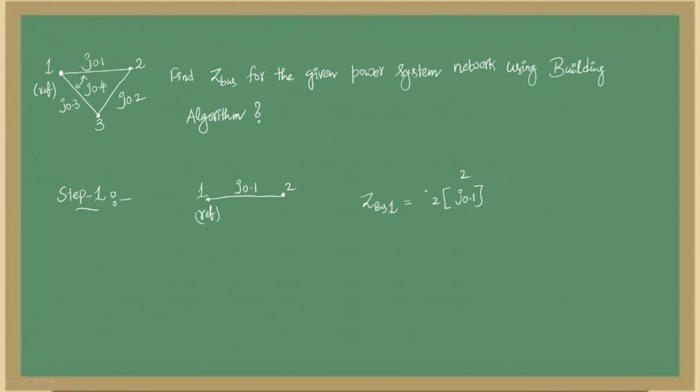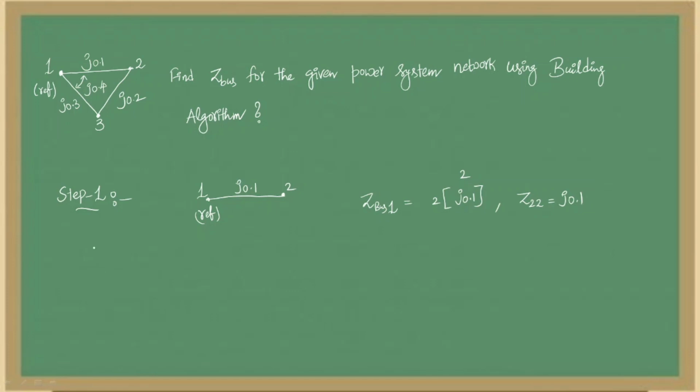Why do we have 2 and 2? Before connecting any element, you have only the reference node. Now I have connected an element between the reference node and the second node. So node 2 is created. Hence this element is called Z22. So from this matrix, what we can understand is the Z22 value is j0.1.